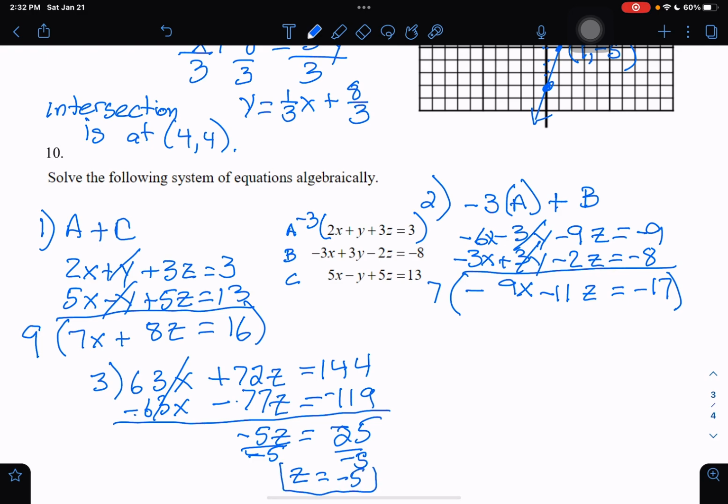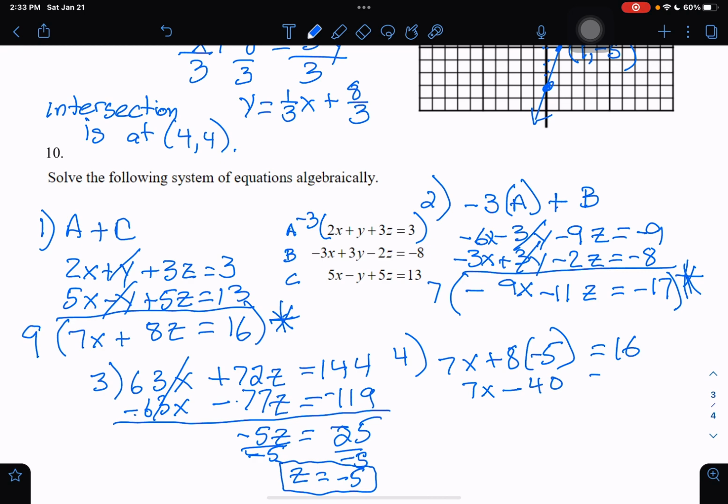Okay, so that's one of our answers. So we found one of them. Now I could put it into either this one or this one, and I can solve for x. So let's do that. I'm going to use the 7x plus 8z. So, this is the fourth step, 7x plus 8 times 5, which is z, is equal to 16. 7x minus 40 is equal to 16.